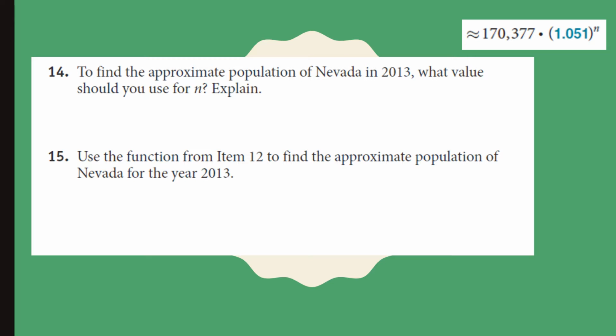So to find the approximate population of Nevada in 2013, what value should we use for n? Let's see, how many years is it from 1950 to 2013? If I do 2013 minus 1950, just to make sure we don't make mistakes, that's 63 years. So n equals 63, because it's 63 years since 1950, and we now have an equation that's an annual rate based on the number of years.